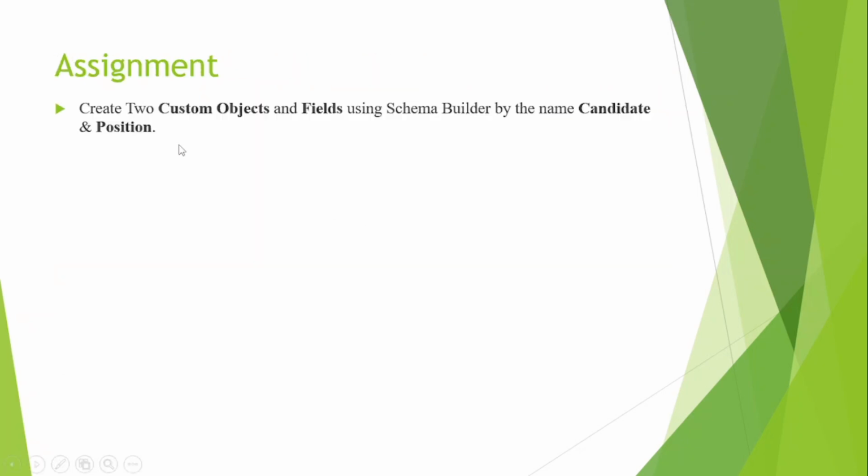So today's assignment is to create two custom objects and fields using Schema Builder, named candidate and position, with the fields we have seen right now.